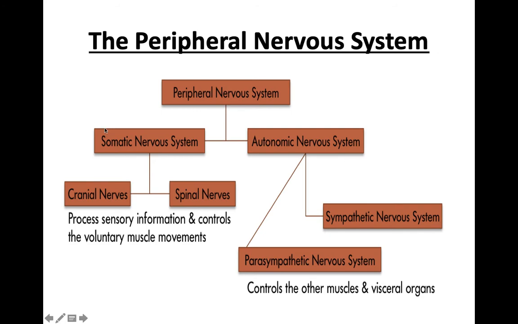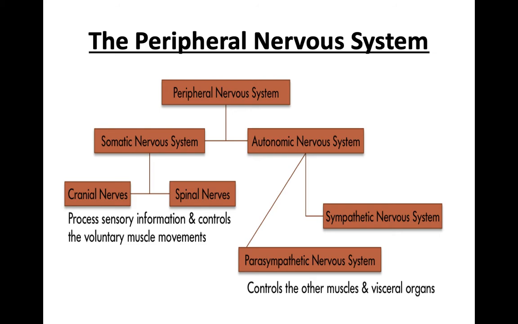All right. So the somatic nervous system is the part of our peripheral nervous system that assists us with our voluntary muscle movements. There's a set of both cranial nerves, that is nerves that come directly from the brain, as well as spinal nerves, which are nerves that originate in the spinal cord, basically.